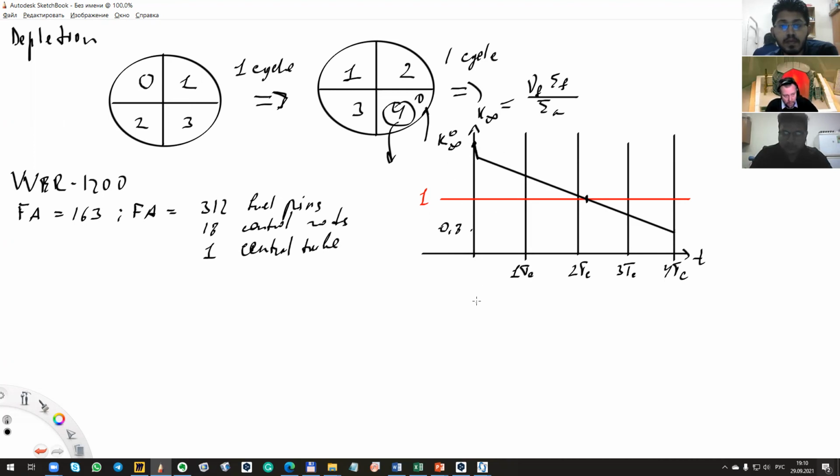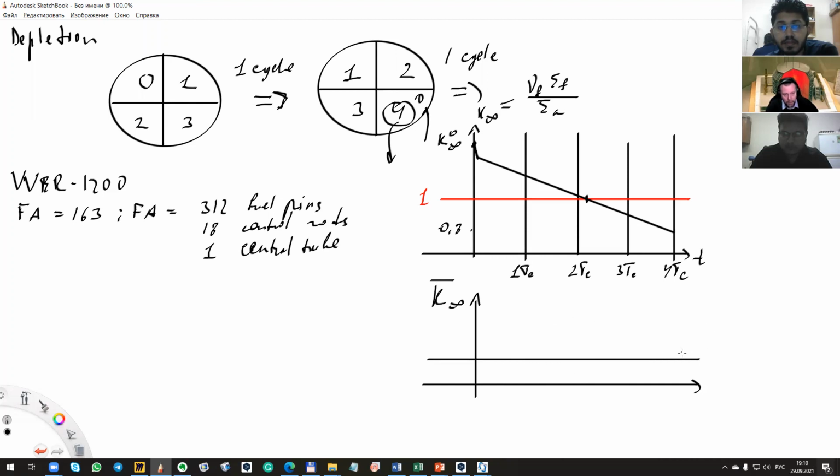If we take the time-averaged K-infinity equal to 1.03 as the K effective multiplication factor, excuse me, K effective equals 1.